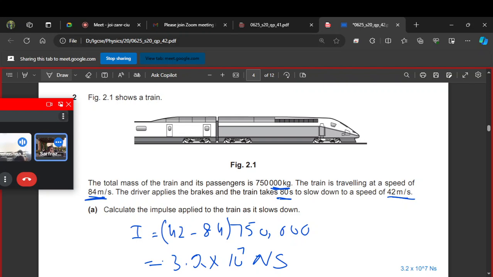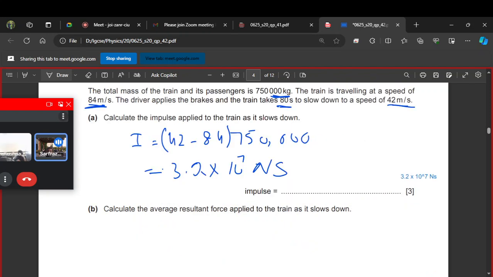Very good. Next question says: calculate the average resultant force applied to the train as it slowed down. So here you have to calculate the resultant force F. How will you calculate? F equals ma, but a is not here. We could calculate a.